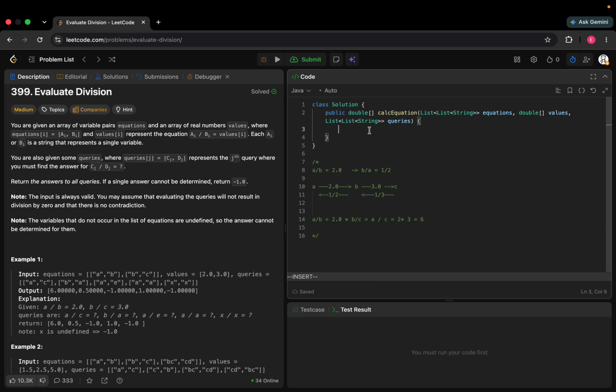So let's show it, we use DFS. At the beginning, we can write the result first, a double array whose size is the query size.